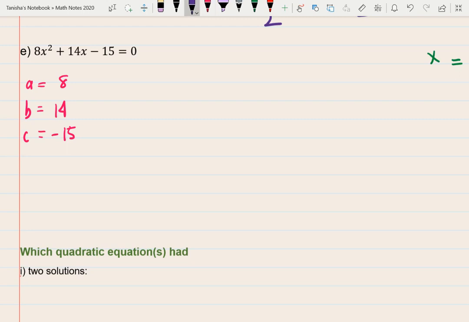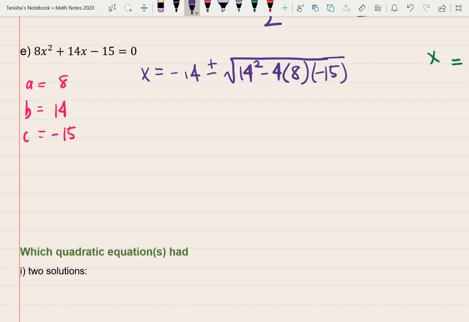Okay, using our quadratic formula, x is equal to -b, so -14, plus or minus the square root of 14 squared minus 4 times 8 times -15 all over 2 times 8.